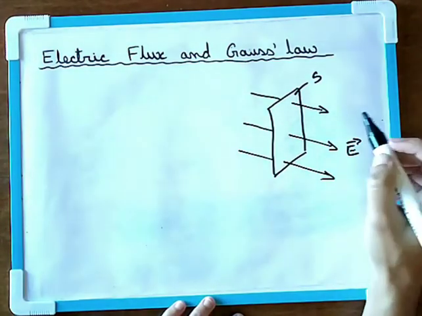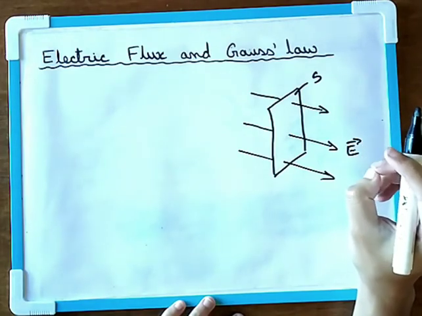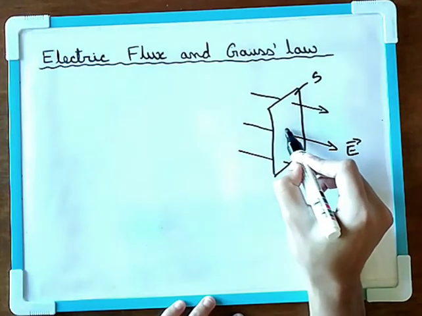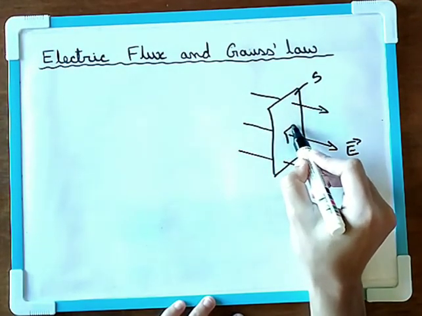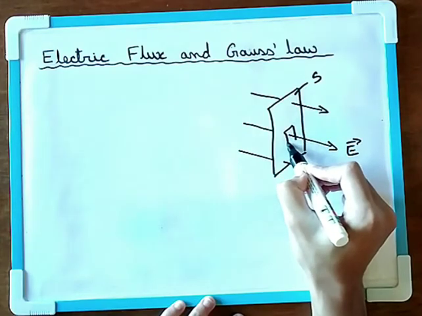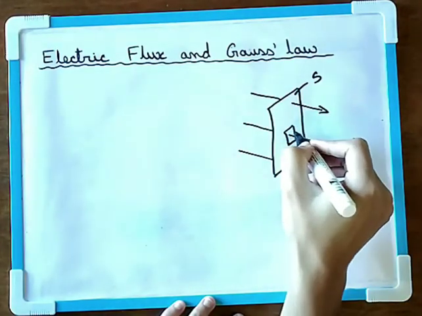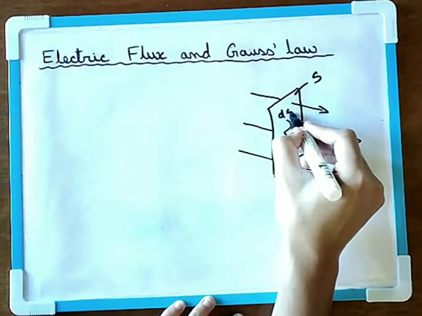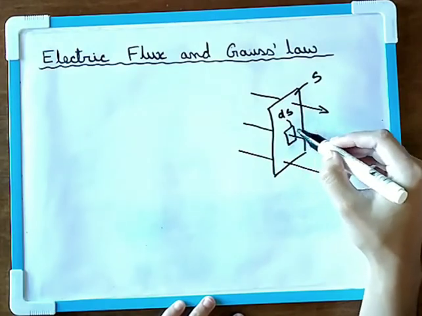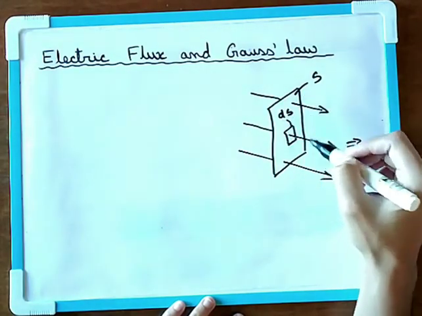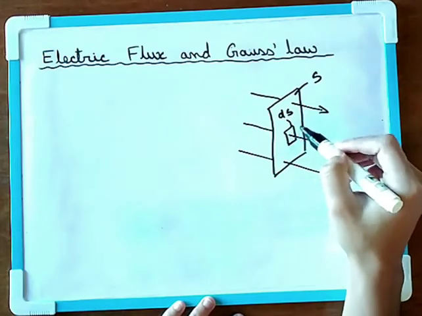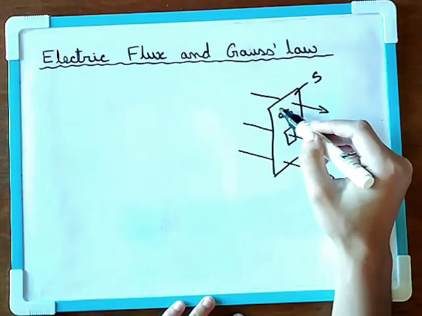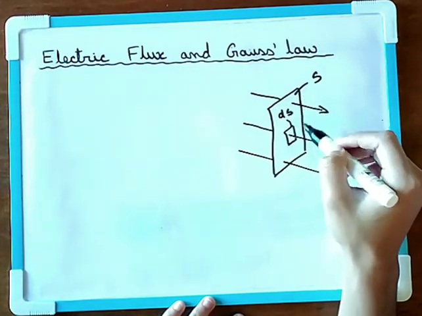Now what we'll do is select a very small elementary area dS. This is a very small elementary area dS. If you sum all these areas, you'll get the whole area S. So if you add dS in this direction, in this direction, in this direction, then you'll get the whole area S.